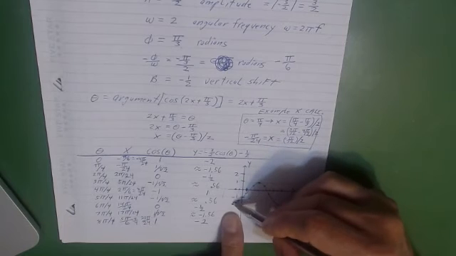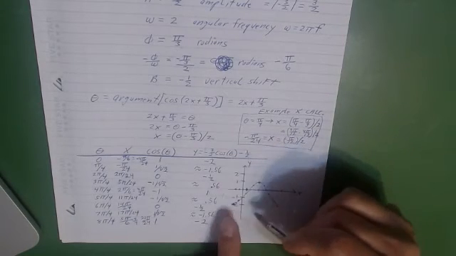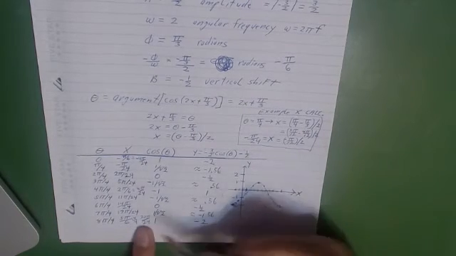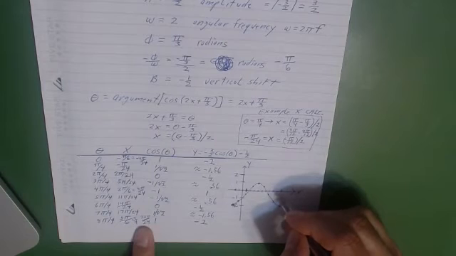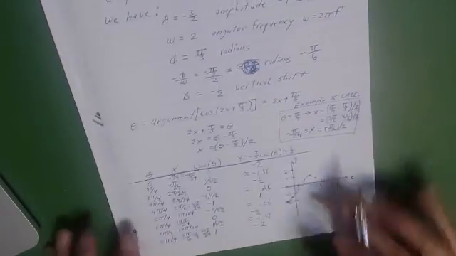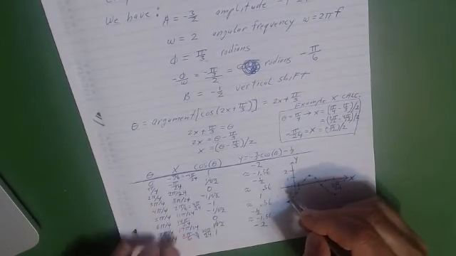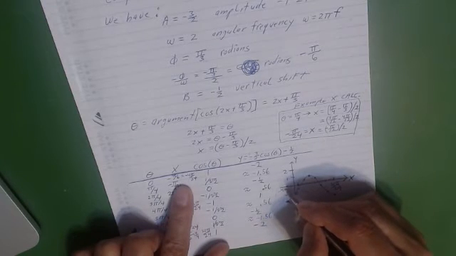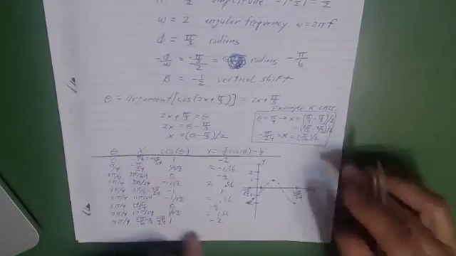And that would be our first point on our graph here, which is -2. And then our end point here is 20 pi over 24. I'll just put this down here. Minus 4 pi over 24. That's this point here.